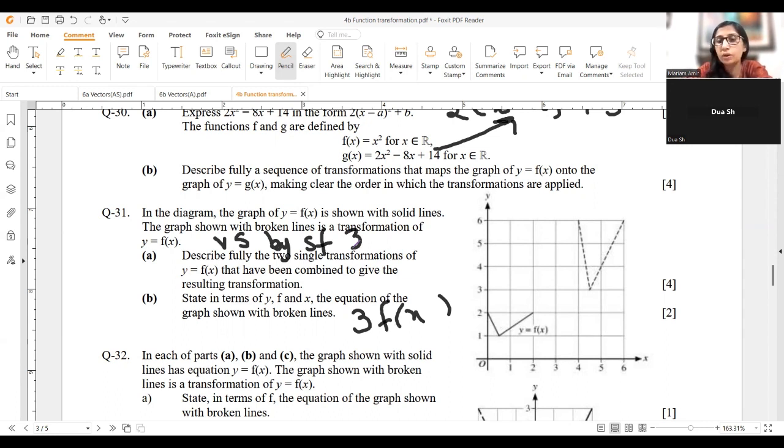And then what is happening? So first it got stretched. So 1 became 3 and 2 became 6 and the other 2 became 6 as well. So all the values of y get multiplied with 3. So this is the first intermediate phase of the graph. And then what's happening to it? Translation. By 1 unit in what direction?